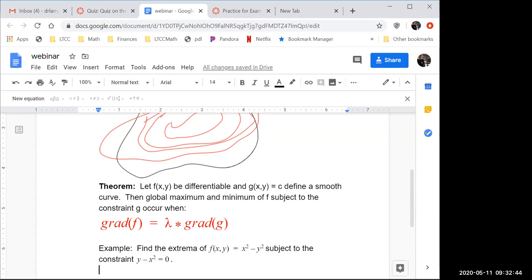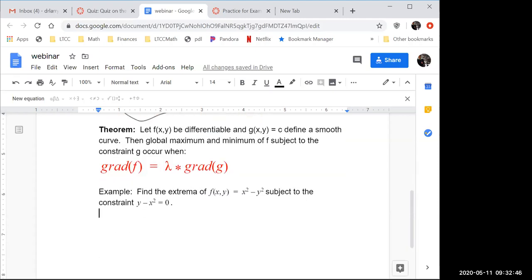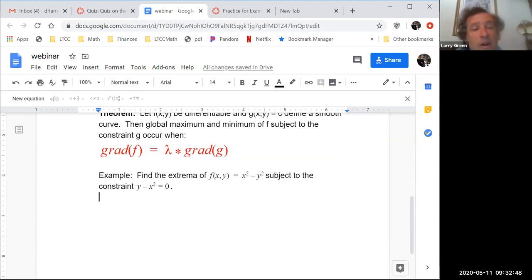Can you scroll up? Yeah, that I can do easily. So notice we have this function of x, y, and that's x squared minus y squared. And by the way, because this is important for Friday, what is the name of the surface? Because I could ask something like that. Who knows how to say what that is?